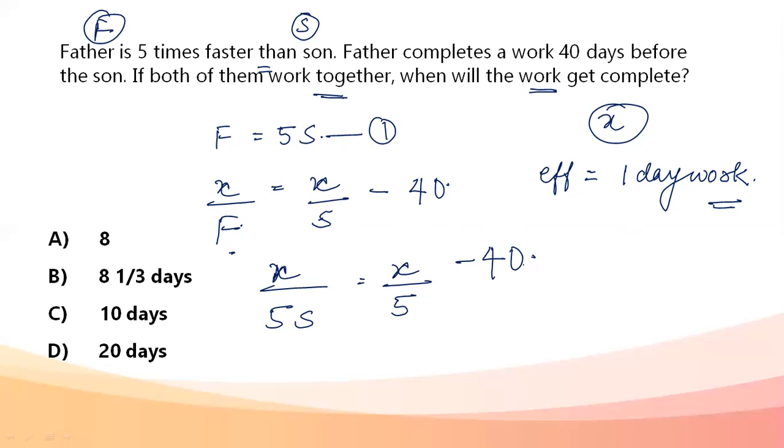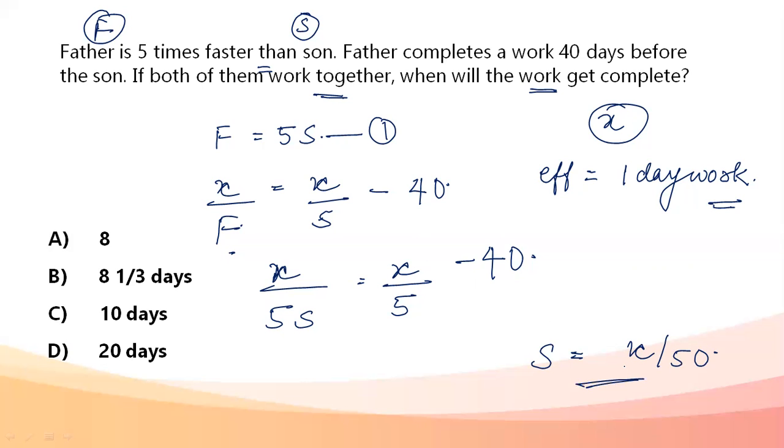Now from here, I'm going to get the value of S in terms of X. When you solve this, S comes out to be X upon 50. Just in terms of one variable, we can do this. We don't need the exact value.